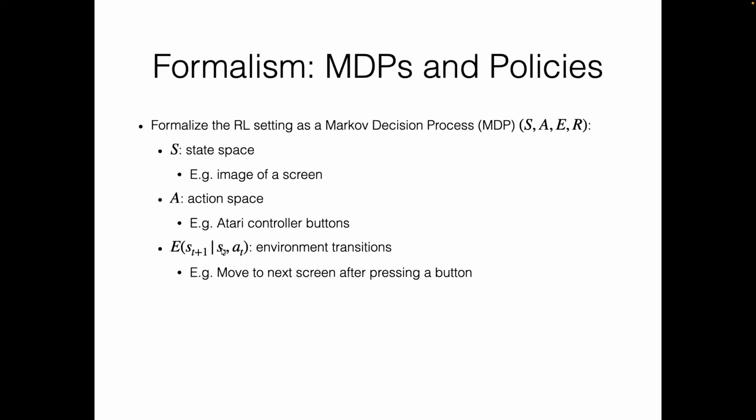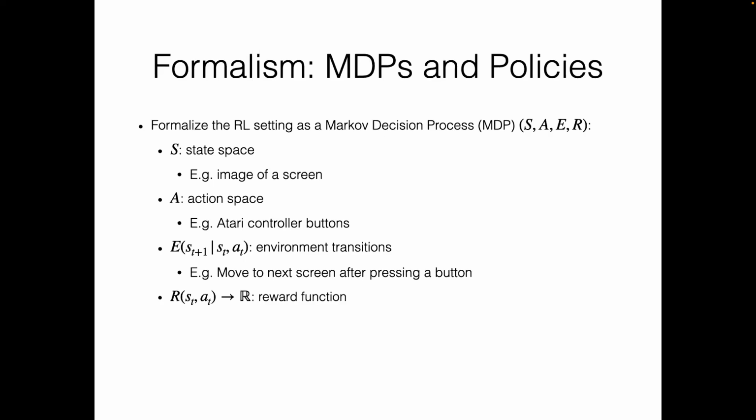So the transition from some state and some action to a new state is these environment transitions. Sometimes you have multiple choices for the next state, so this is going to be a distribution over possible next states.